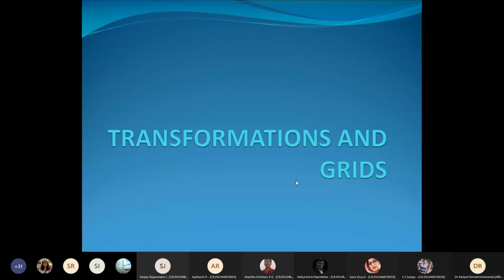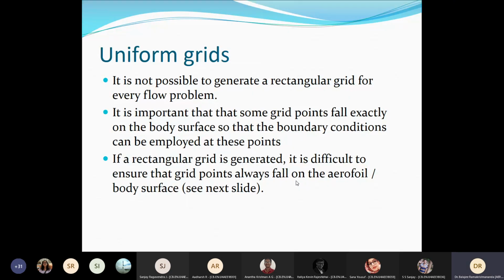But for every problem, unfortunately, it is not possible to generate a rectangular grid. Even if you can generate one, you will be making very gross approximations which will ruin your calculations.